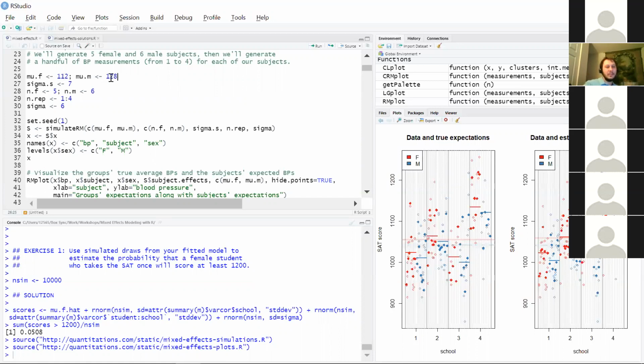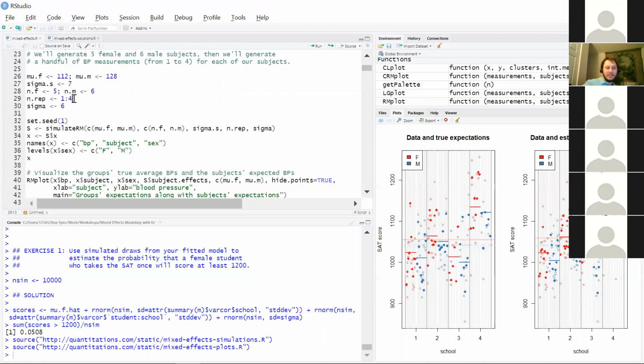The expected male blood pressure is 128. And we're going to have 5 female subjects, 6 male subjects. Their blood pressure effects, their deviations from their group averages, are going to be normal draws, mean 0, standard deviation 7.